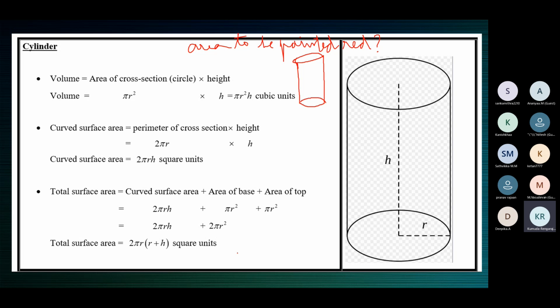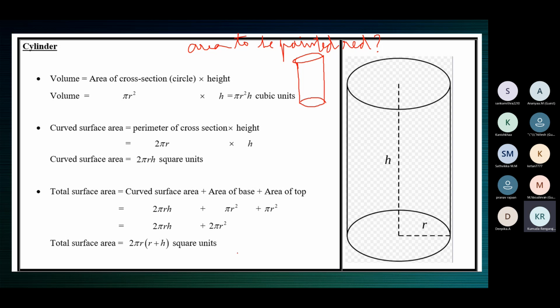It's a cylindrical tumbler. Fine, we'll take that up in the next class.